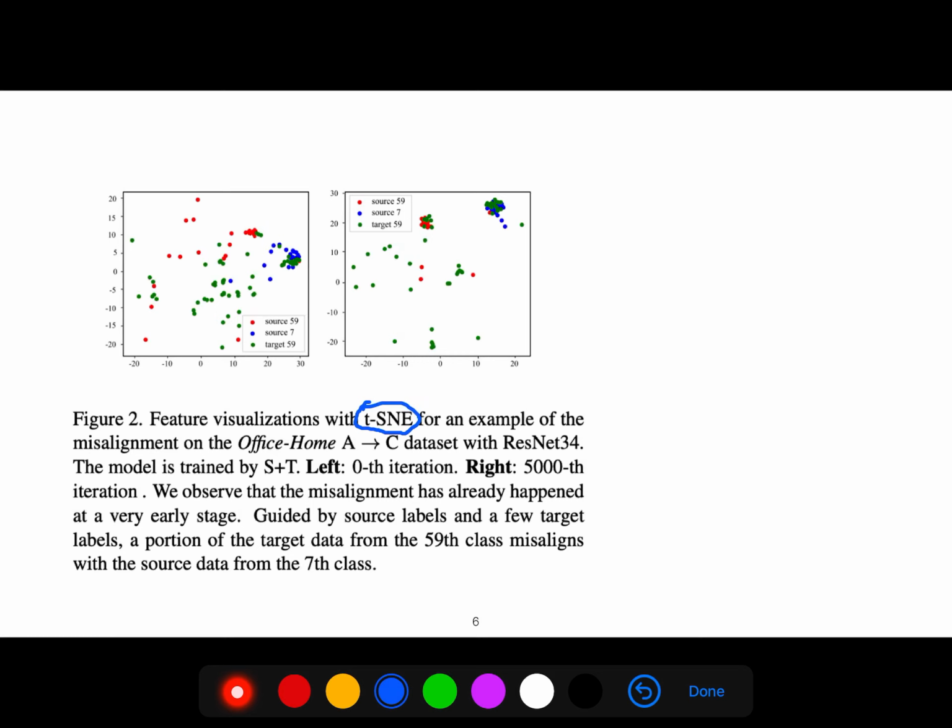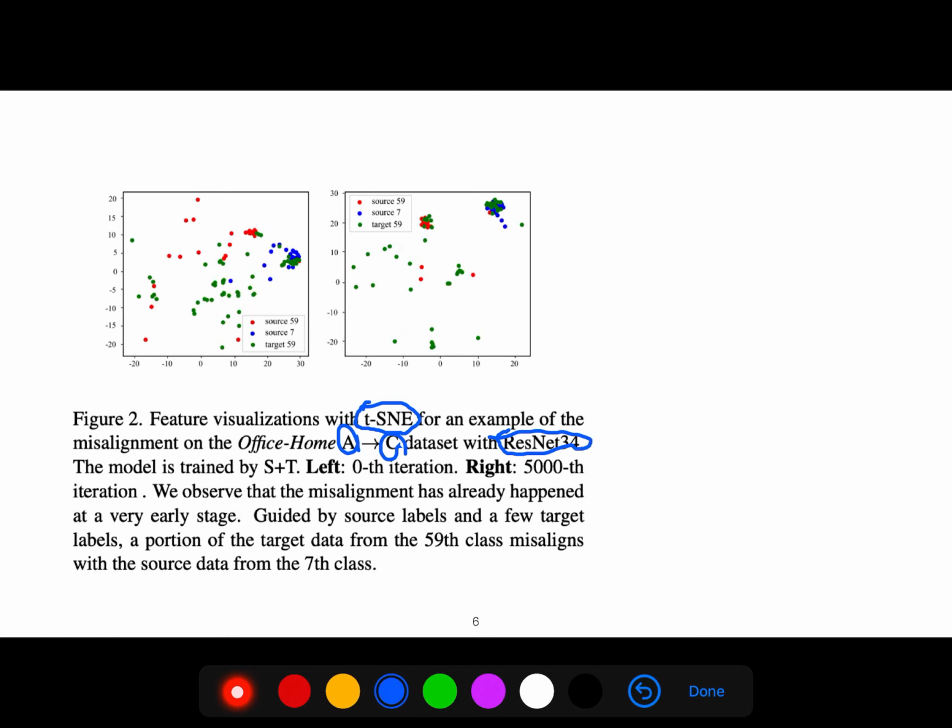For example, when you want to go from one source to a target, and they model it with ResNet 34, we observed that misalignment has already happened at a very early stage.